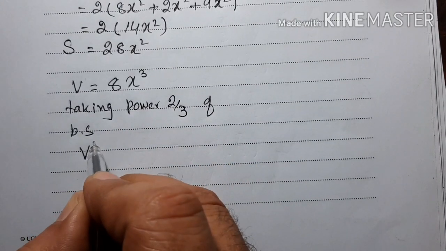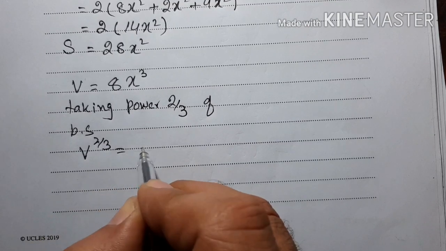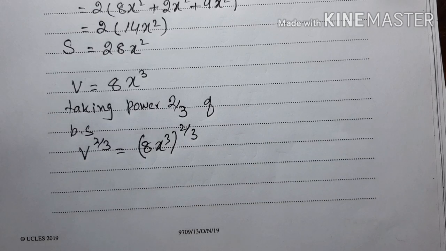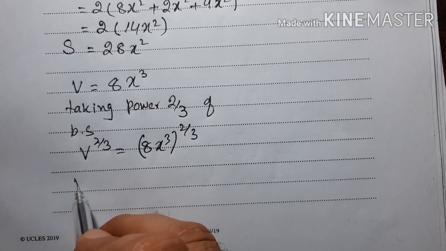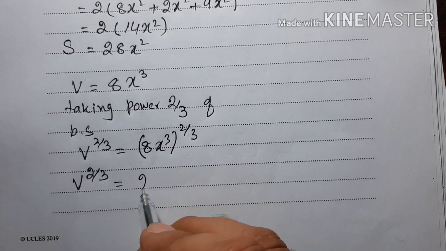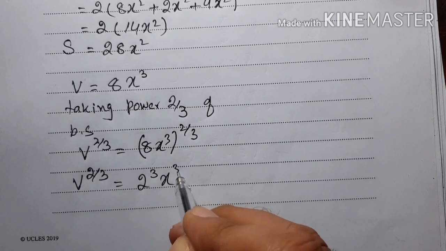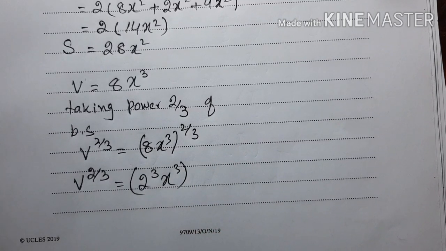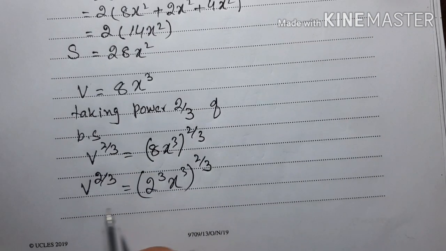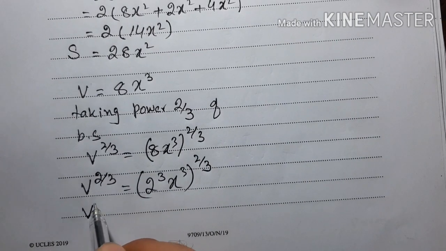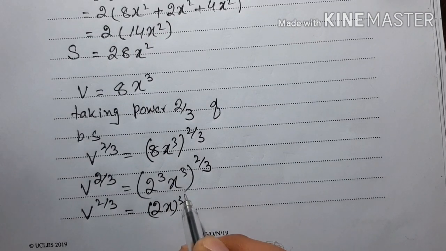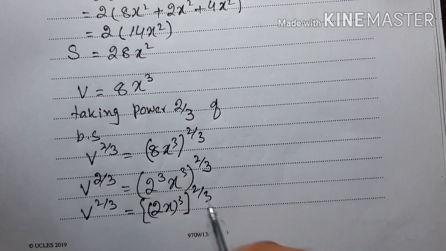So V to the power 2 by 3 is equal to 8x cube to the power 2 by 3. We can write 8 as 2 cube, so V to the power 2 by 3 is equal to (2x) power 3, power 2 by 3.